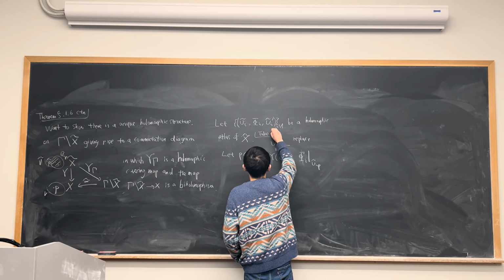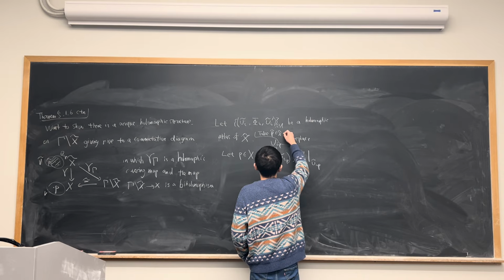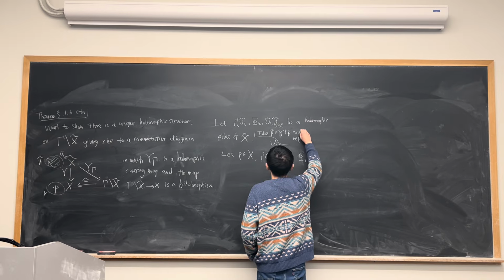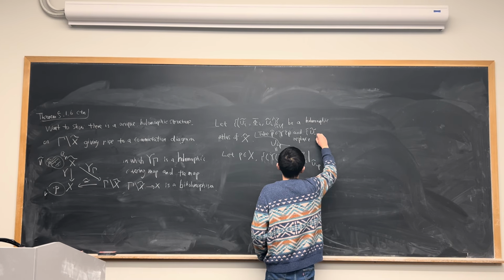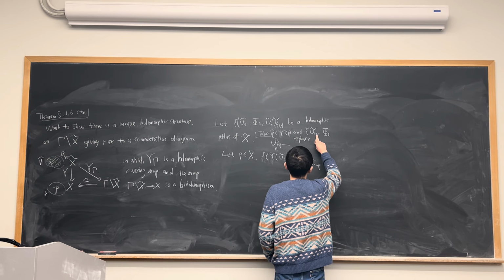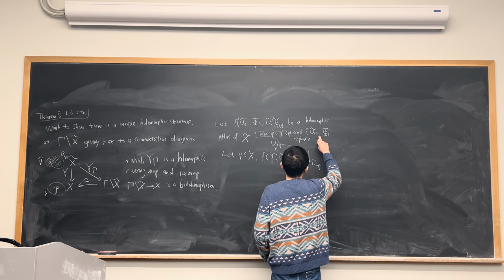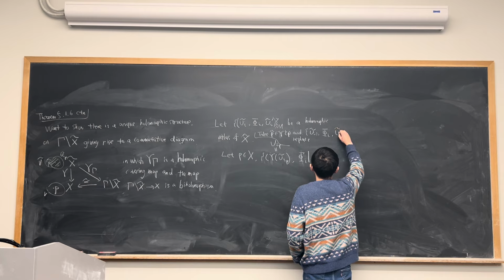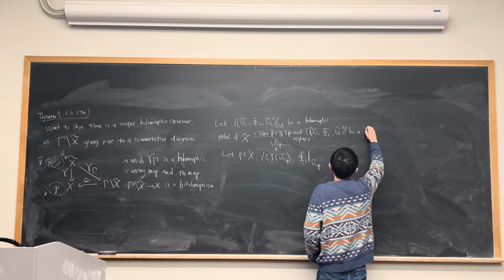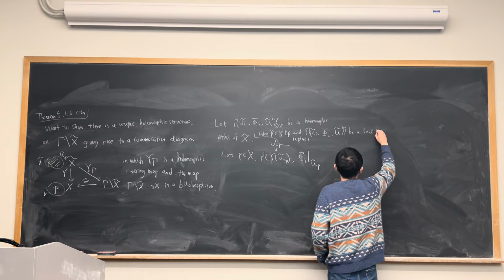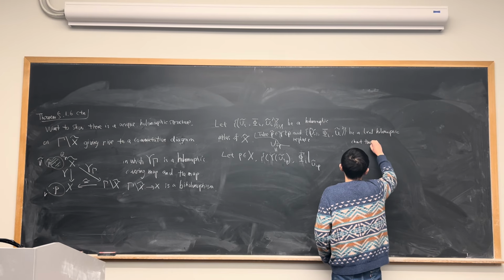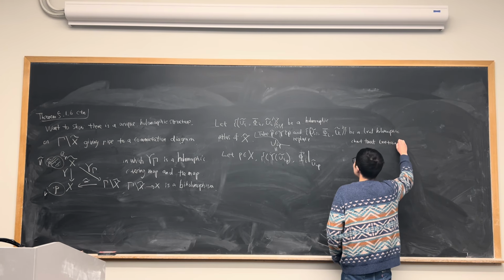So take a local holomorphic chart that contains P2.